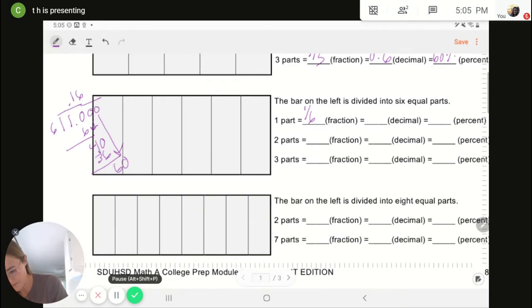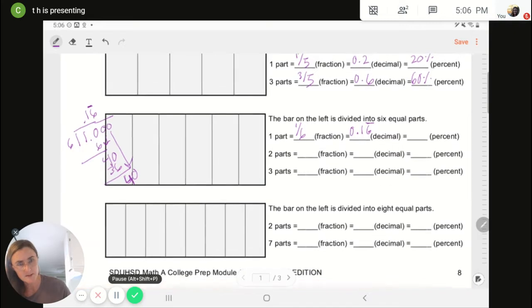Oh, here, I wrote 6 instead of 4. So this is another 40. I would see 6 goes into 40 again. I know that this is just going to keep repeating. So my decimal is actually 0.16 repeating. And from a decimal to a percent, I'm just going to move this 2 places, so 16.6 repeating percent.